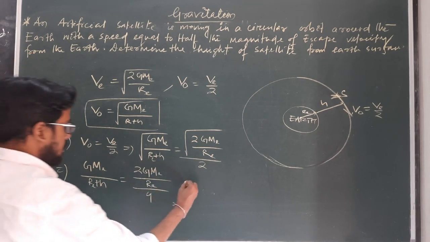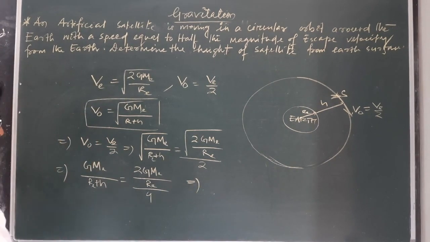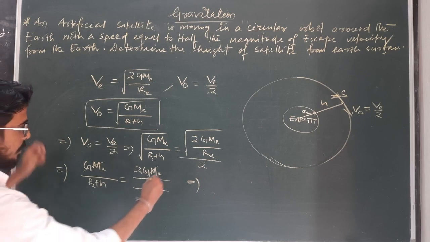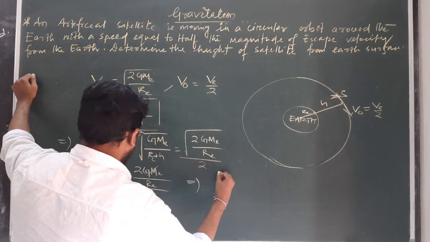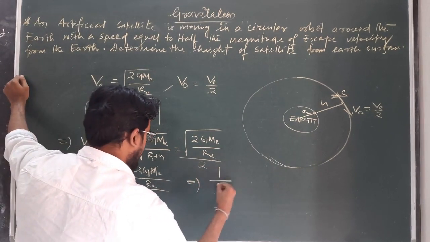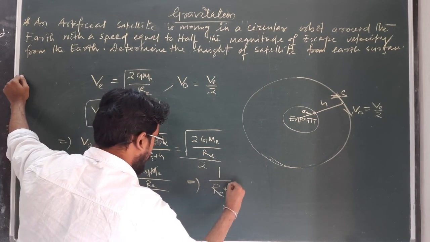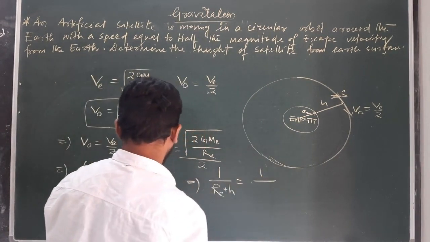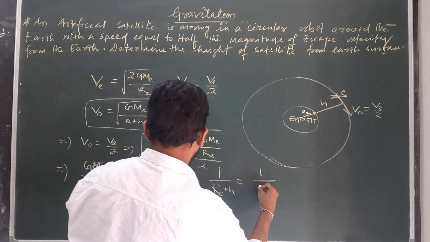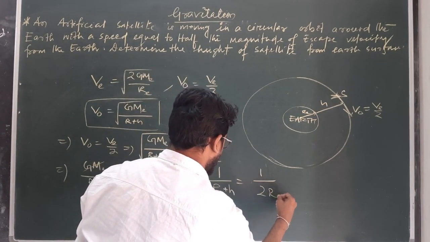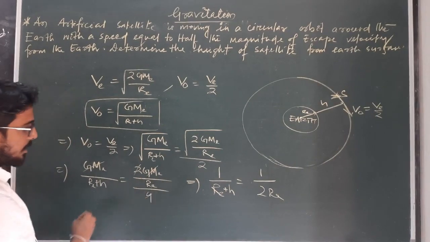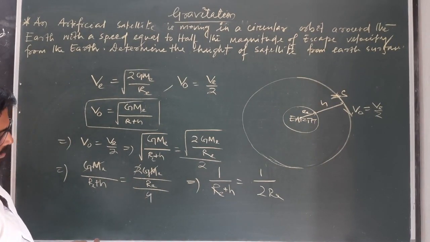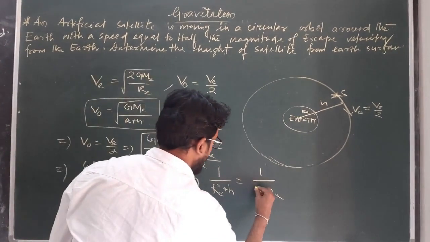Clear? So this implies GMe will get cancelled. This will be 1 by (Re plus h) is equivalent to 1 by 2Re, because 2 and 4 will get cancelled. So it will be 1 by 2Re.